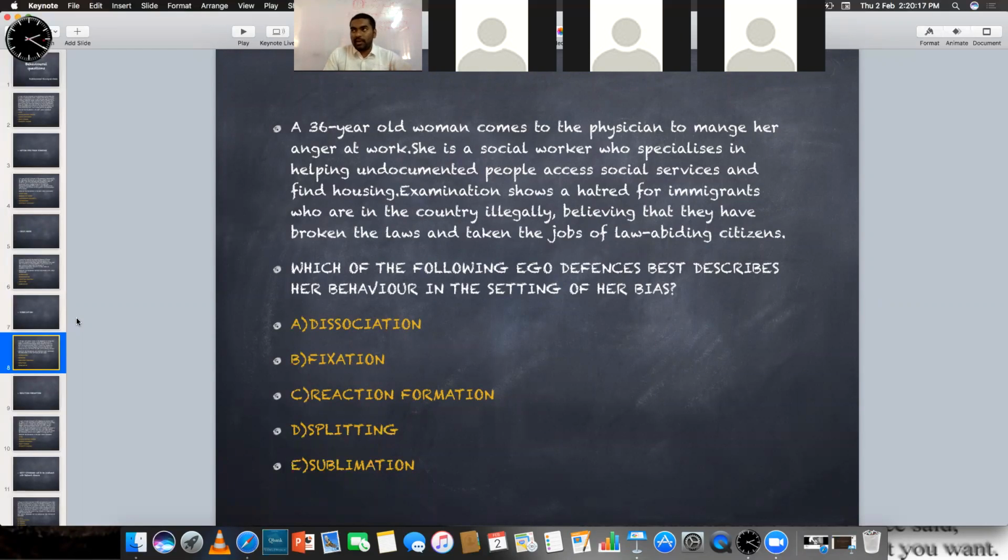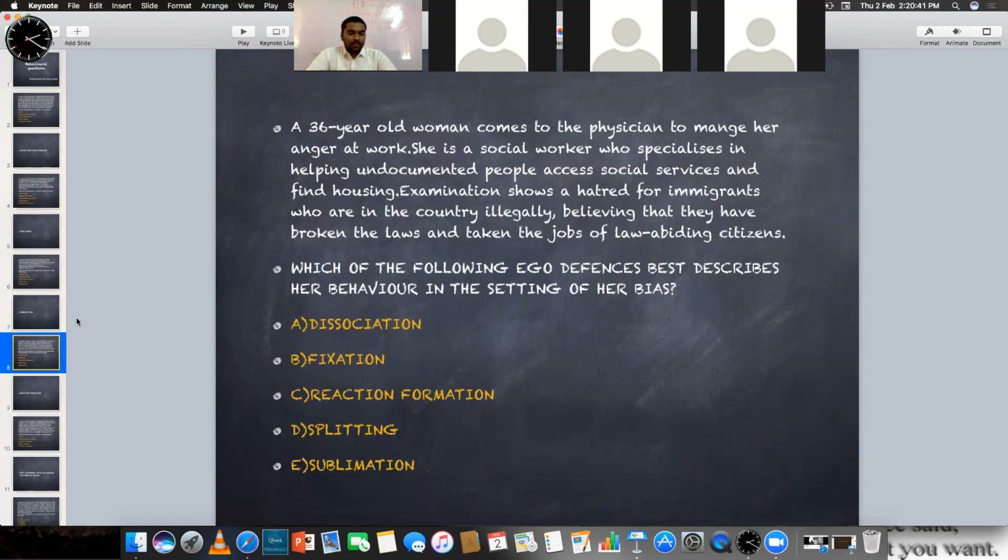Like you play video games when you're under stress, you're eating an ice cream, right? That is fixation. So this is not fixating. Okay. Now, is it splitting? It's definitely not. She has this weird kind of anger towards the people who are not law-abiding citizens. Okay, now, it's not sublimation in one thing.